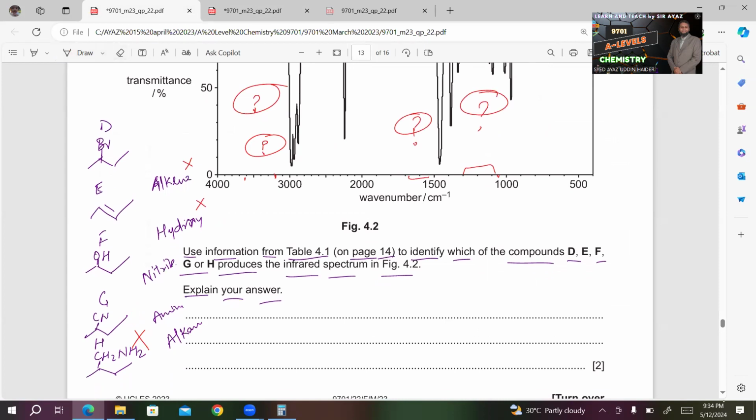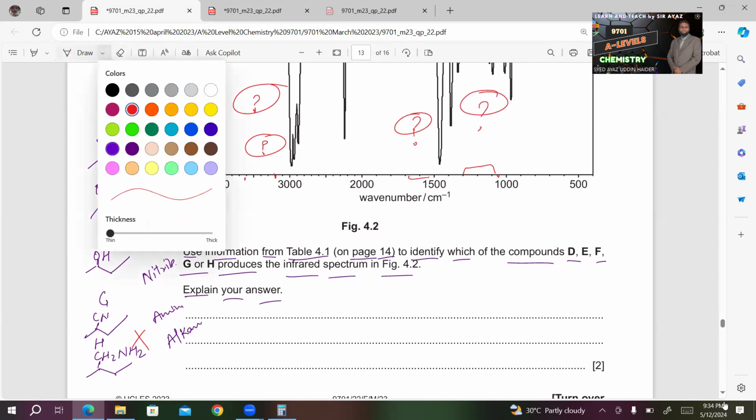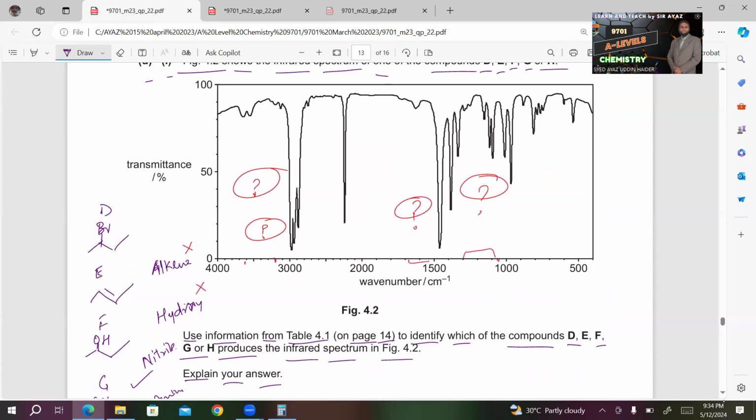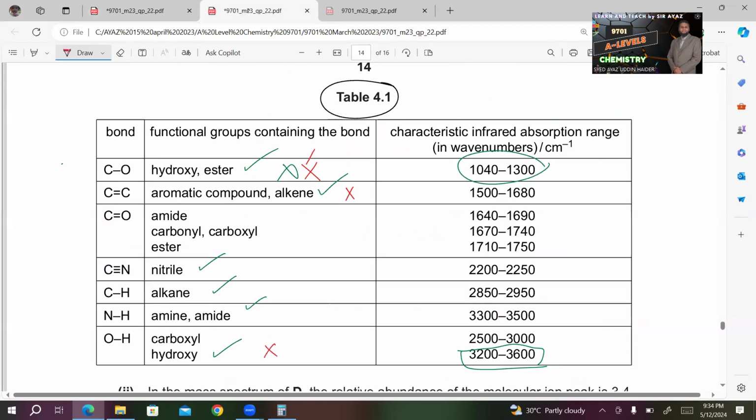So it must be nitrile. Let's see. For nitrile, absorption must be 2200 till 2250.